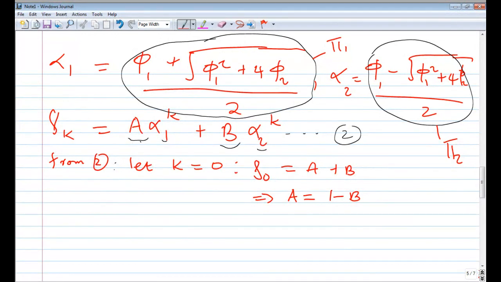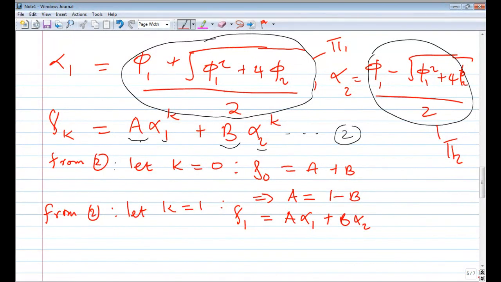Now again, from equation number 2, for the second time, we let k be equal to 1. So what are you going to get? Rho 1 equals a alpha 1 plus b alpha 2.